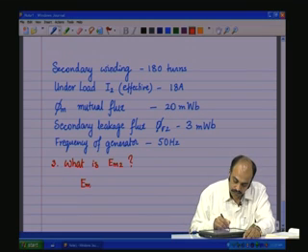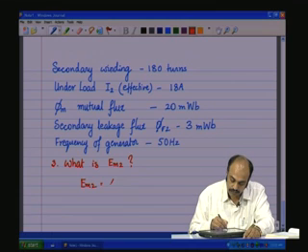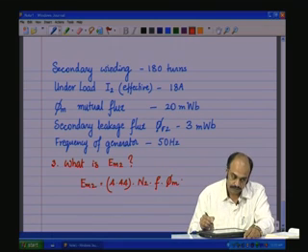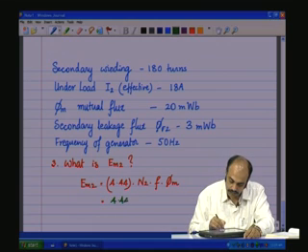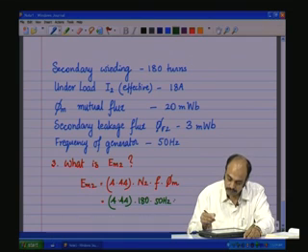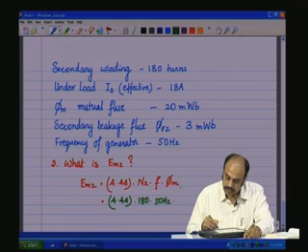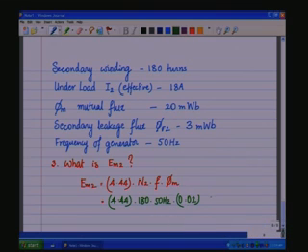So, EM2 is equal to 4.44 into N2 into f into phi m, and this is 4.44 into 180 turns into 50 hertz into phi m, which is 20 milliwebers, 0.02 webers, and this is 799.16 volts or approximately 800 volts.